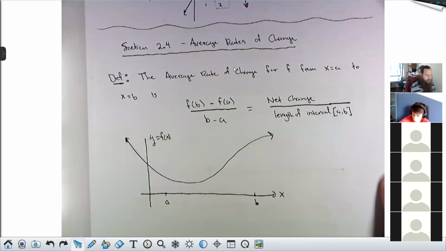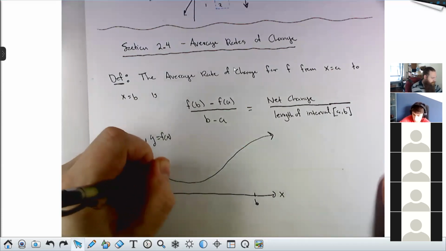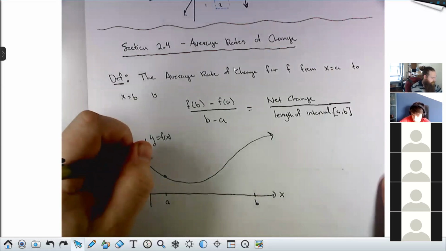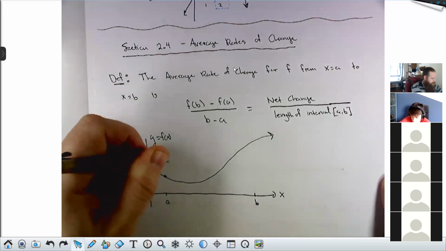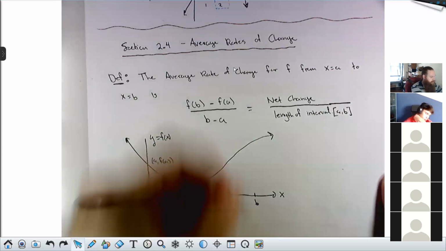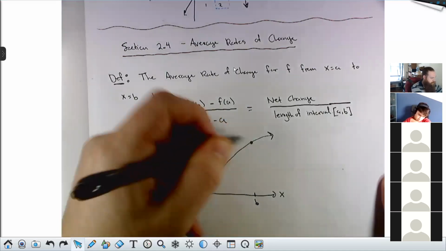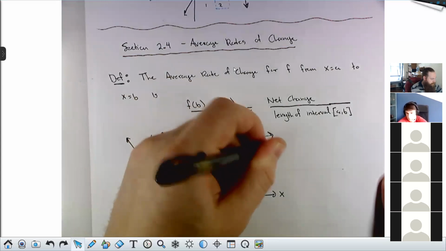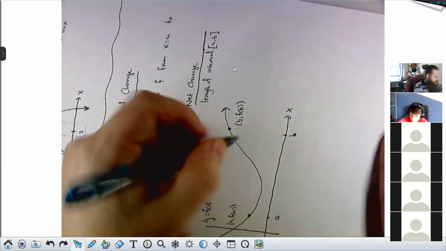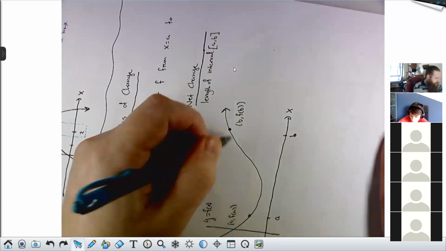Here's the interval AB and the graph of my function. The point right here is a comma f of a. Remember, the y value at any point on the graph is f of the x value. So over here, we're looking at the point b comma f of b. And the average rate of change is the slope of the secant line connecting those 2 points.